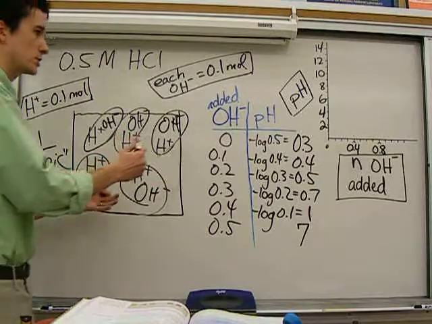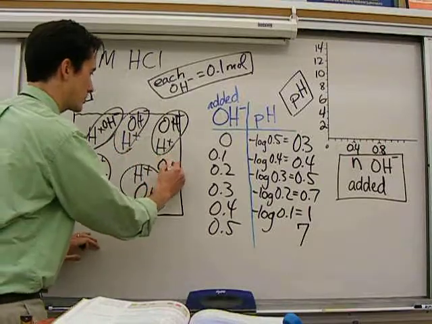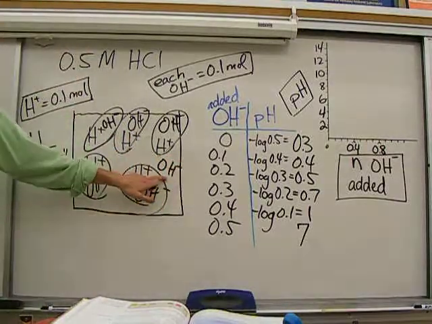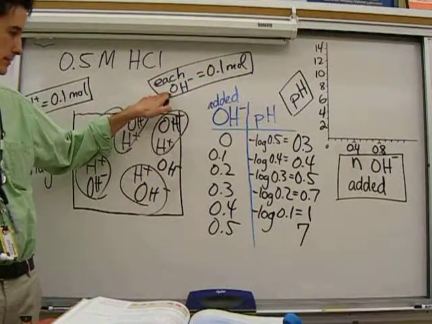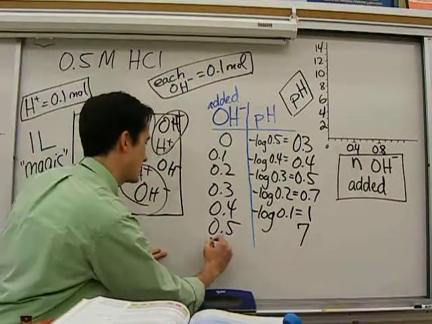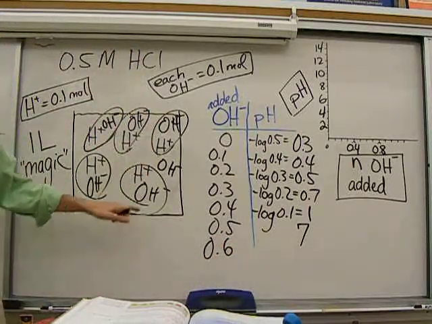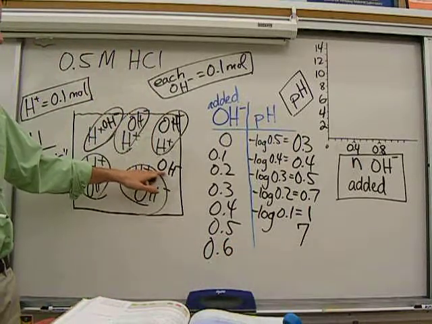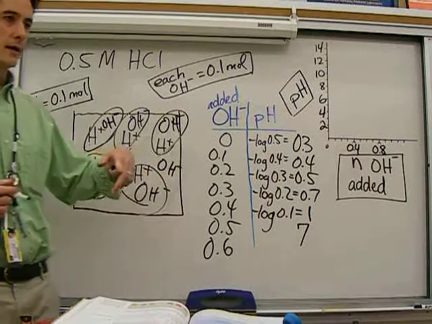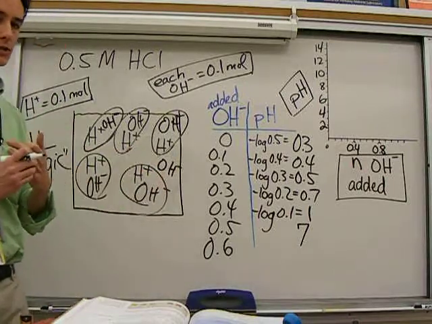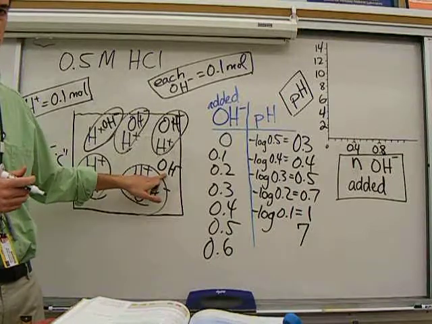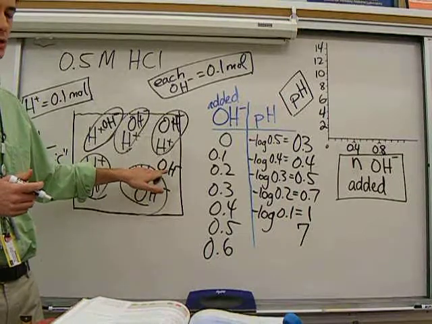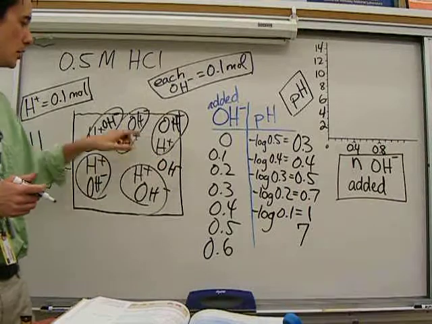Let's just add one more, just to see something. We got OH minus. We've got this. This is 0.1 moles of OH. So let's see. 0.6. So now we wouldn't take the pH, we'd take the pOH. We take the negative log of the OH concentration. The OH concentration is 0.1 molar.